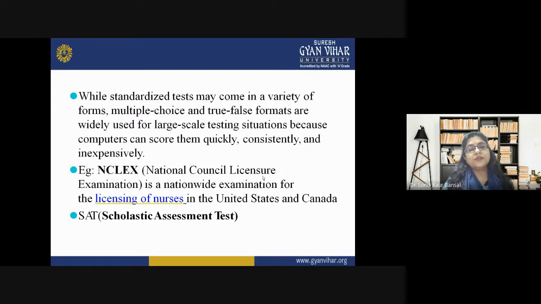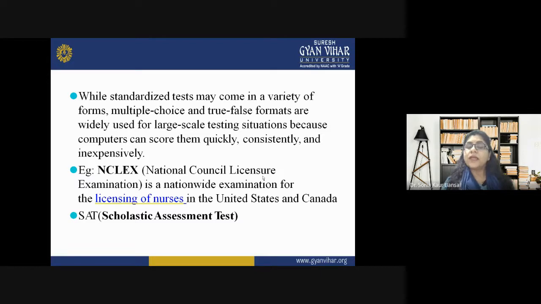While standardized tests may come in a variety of forms, multiple choice and true false formats are widely used for large-scale testing situations, because computers can score them quickly, very consistently and inexpensively. It just takes a click for the computer and you will have all the results in front of you.